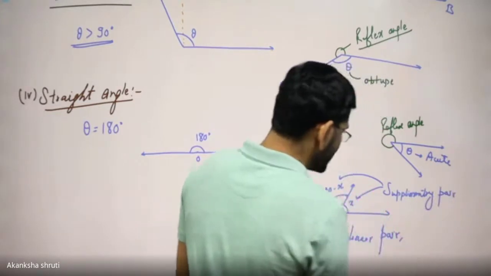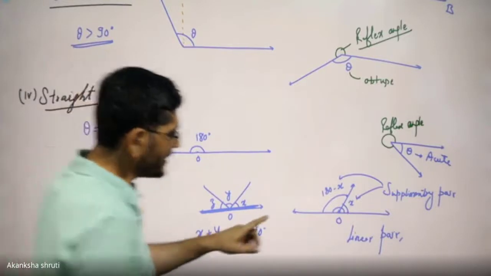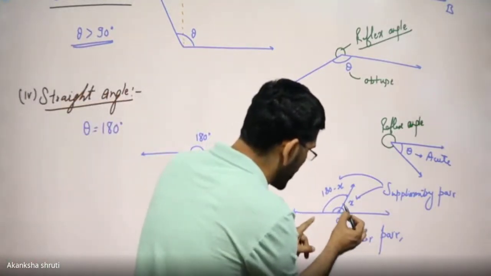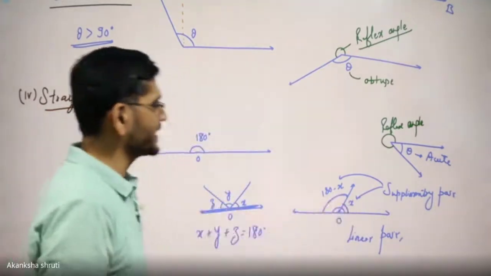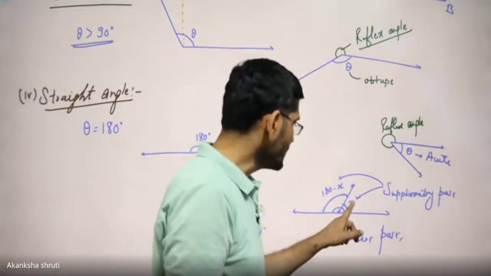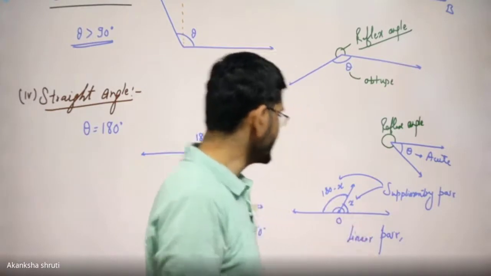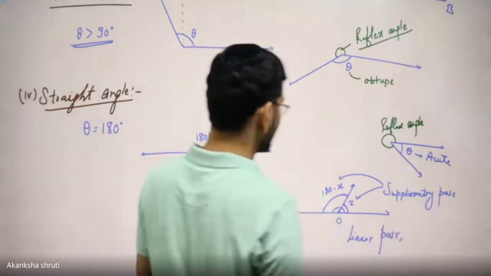If we are looking at these two angles, then these two angles together are called a supplementary pair. So students, keep in mind, considering this straight angle and more than one angle, meaning two or more angles, this situation arises. If we are taking a pair of angles which are adjacent to each other and their sum is 180 degrees, then they are called a linear pair or supplementary pair.